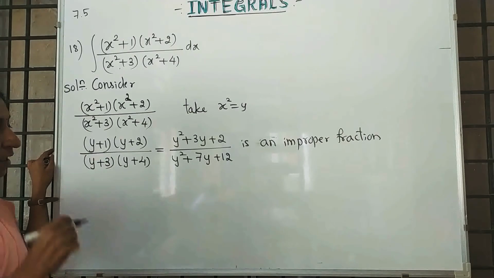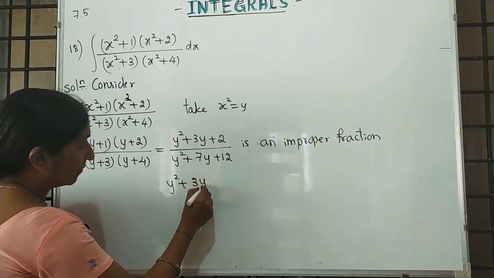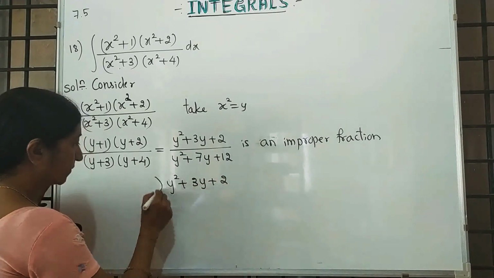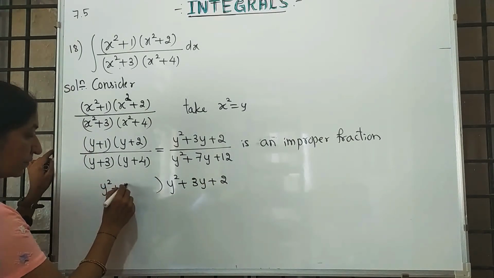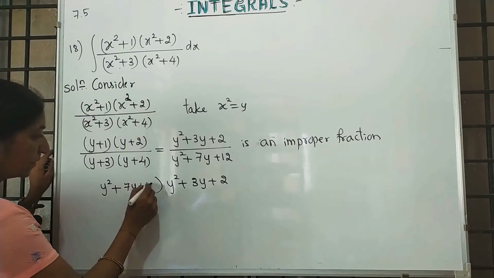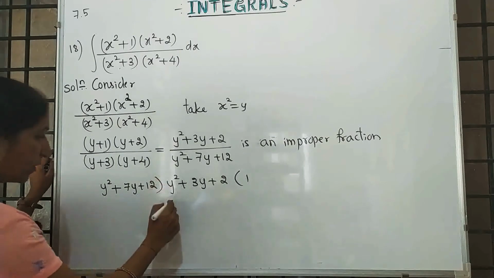They are equal. Now divide the numerator by its denominator. This is multiplied with 1 because this is y square, this is y square.